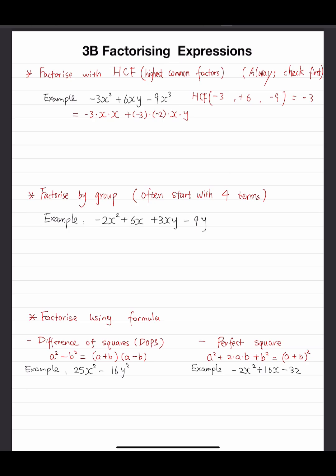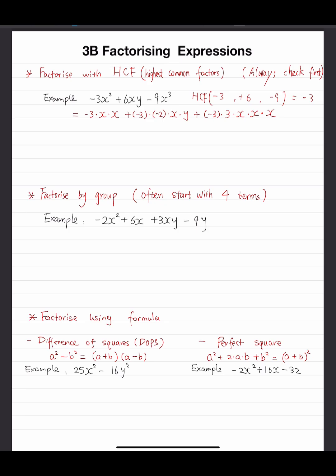And then the last one, plus negative 3 times positive 3, times x times x times x, that's x cubed, okay?